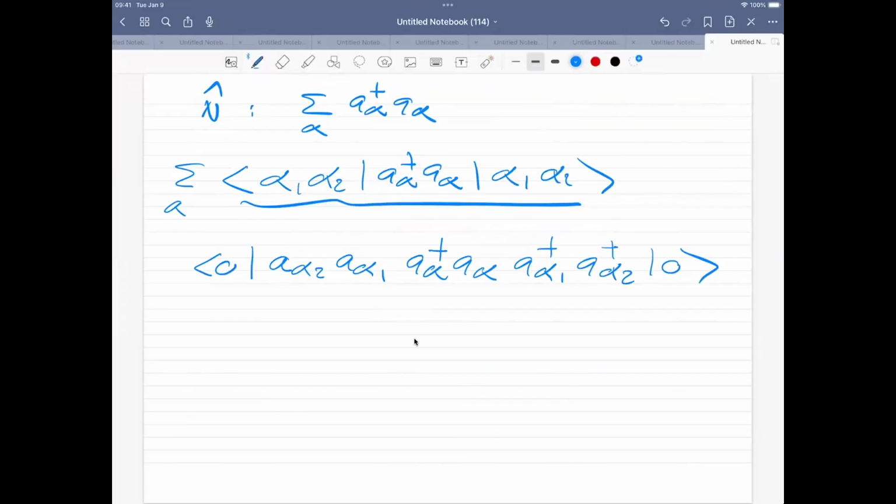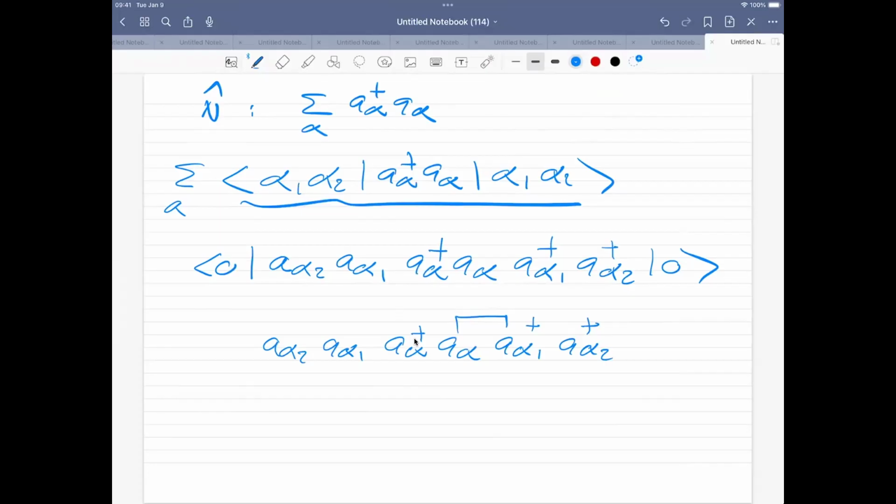So the only possibility here is actually the following, because now I'm fixing alpha, so I can have the following contraction. So I have A alpha 2, A alpha 1, A alpha dagger, A alpha 1, A alpha 2 here. So I can have this contraction, but that obviously locks my alpha to be equal to alpha 1, right?